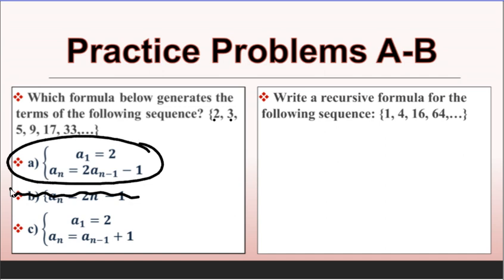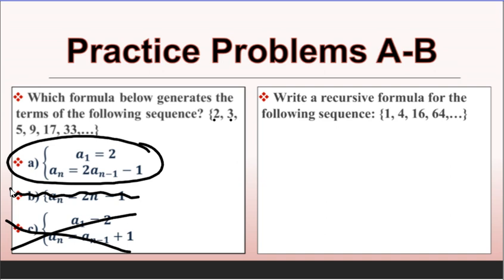C would not work, because if you were trying to find the second term, you put a 2 in for n. 2 minus 1 is 1, so our first term is 2. 2 plus 1 is 3. That does work. But if I were to find the third term, I would put a 3 in. 3 minus 1 is 2, so our second term is 3. 3 plus 1 is 4, not 5. So C does not work.